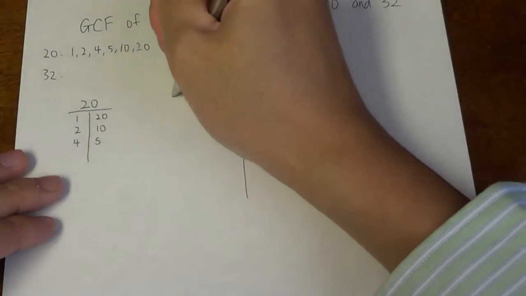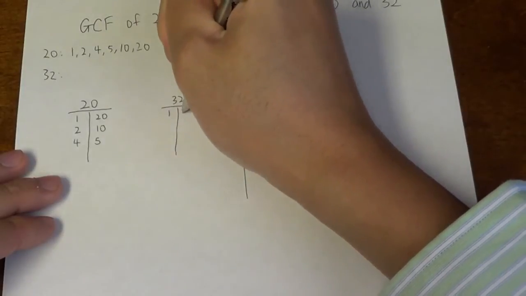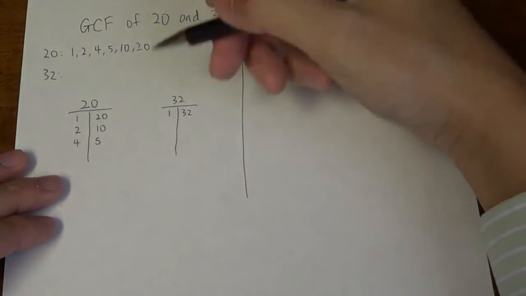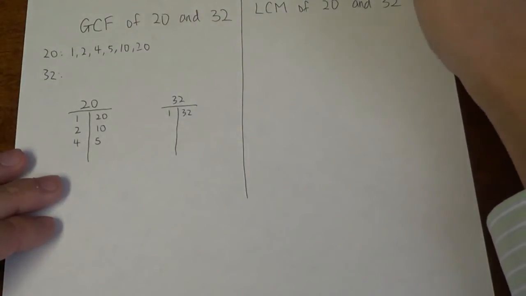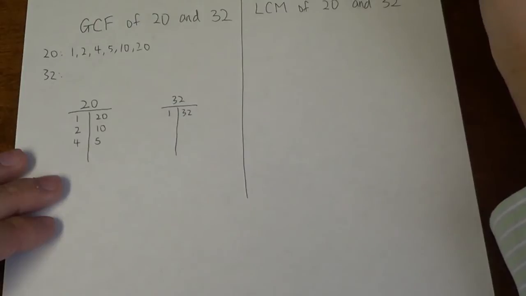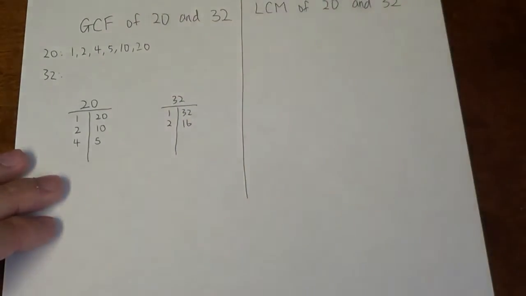Do the same thing for 32. Especially if the numbers start getting bigger, past your times table, this is where the divisibility rules come in handy, because I can use them to quickly determine if a certain number is divisible.